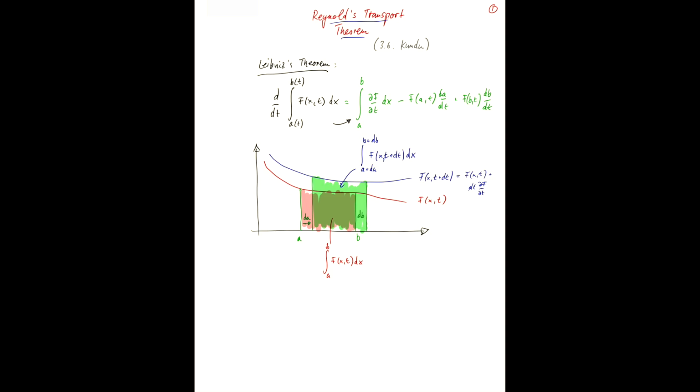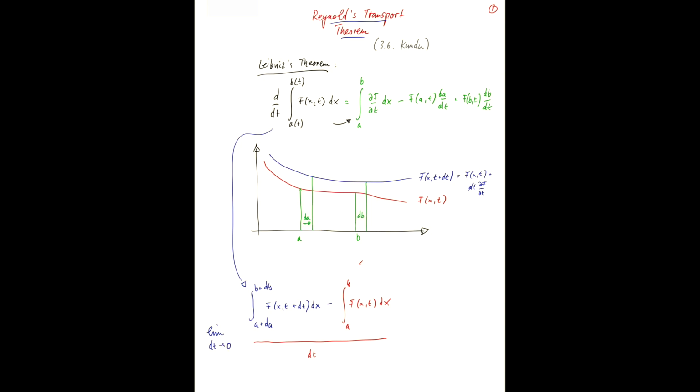The quantity we're interested in is, by the definition of a derivative, the blue component, b plus dB to a plus dA, minus the red one, divided by dt in the limit of dt going to 0.